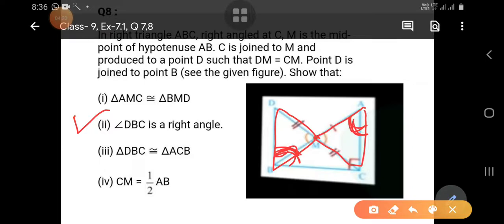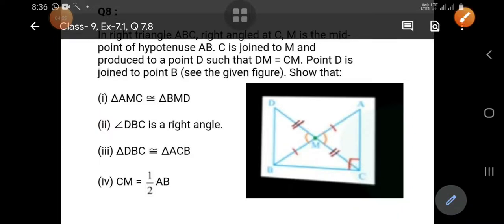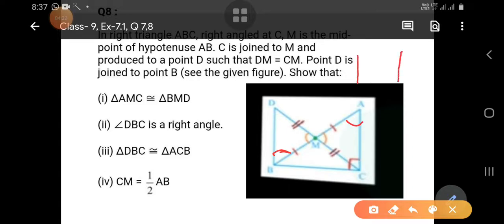So if these two angles are equal, you can see that these are the lines, and this line looks like BA. If this angle and this angle are equal, then they are alternate interior angles.